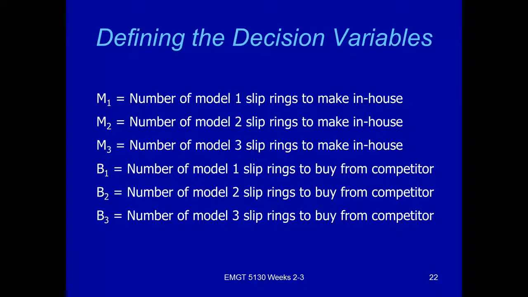Just a brief summary of the model we created. First, we defined the decision variables using some meaningful letters to represent the number to make and the number to buy for each model of slip rings.